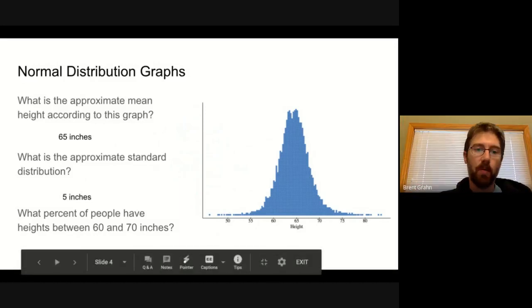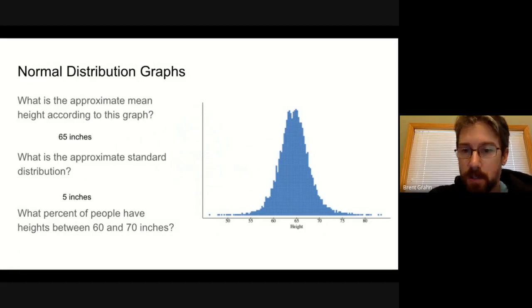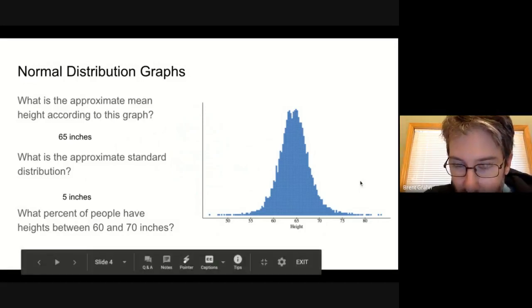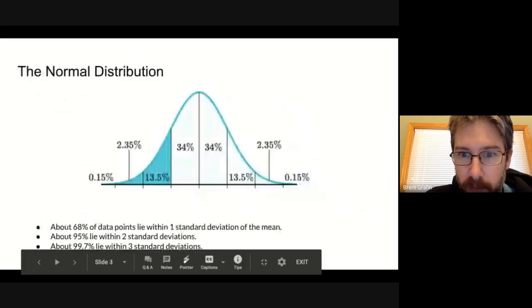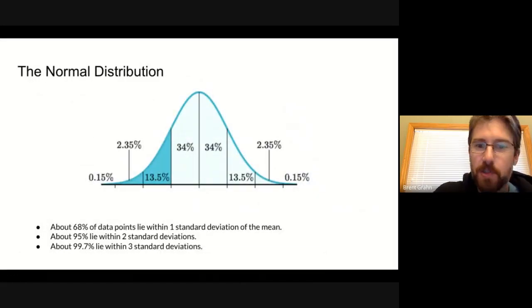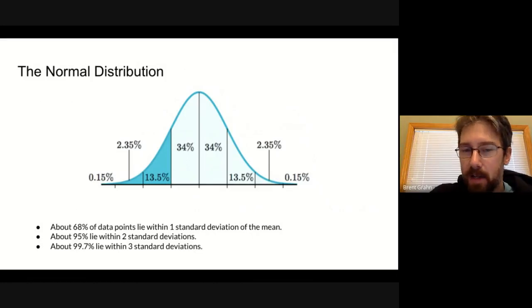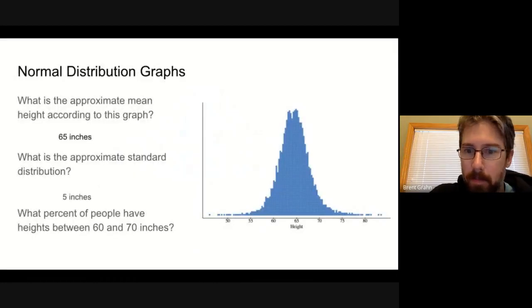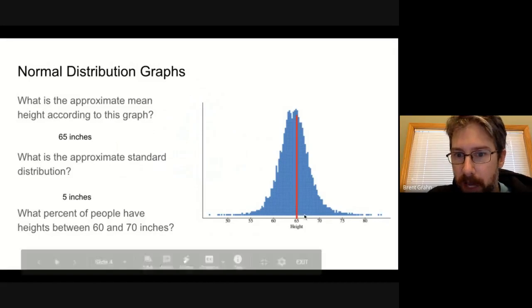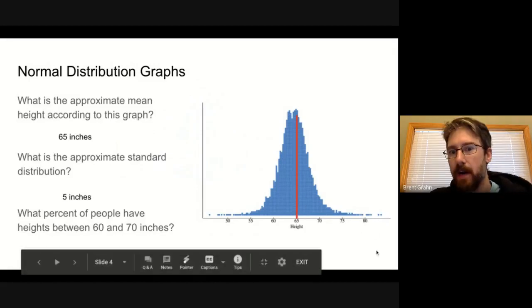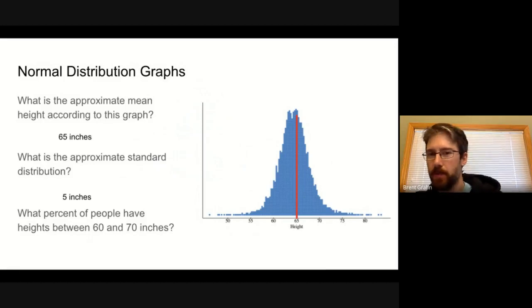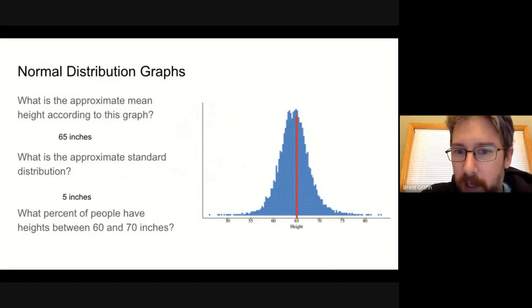So now, what percent of people have heights between 60 and 70 inches? Well, if we compare it to the previous graph, if we sort of superimpose this graph and its percent values on here, then that is my mean of 65 inches. You can see it's actually probably a little less than 65 inches in the real mean, but we'll use it for this example.